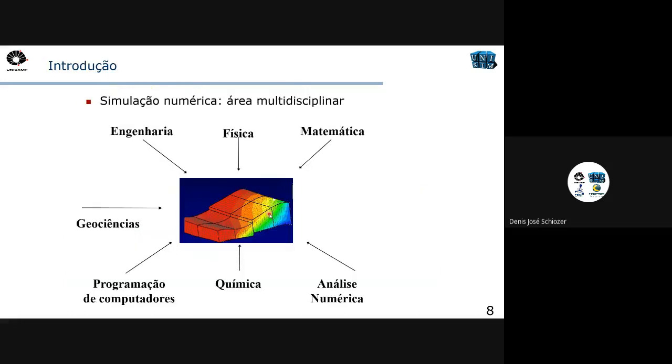Okay. So here we put all the knowledge we have in engineering, math, physics, numerical analysis, thermodynamics, geoscience, and so on. And this simulation is a very multidisciplinary task. Of course, in the course, we are not learning about all of this. We are going to simplify the numerical parts a lot. We're going to try to give you, in one semester, what is enough for you to be a good simulation user.